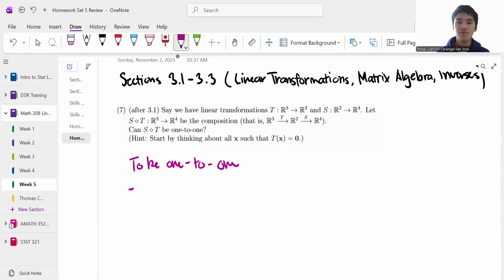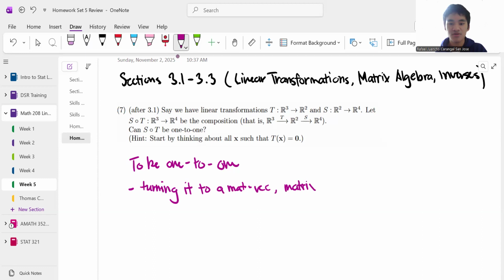If we turn it into a matrix, the matrix in echelon form should have a pivot in every row.